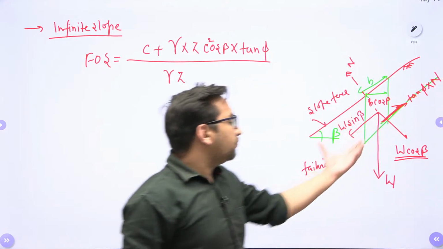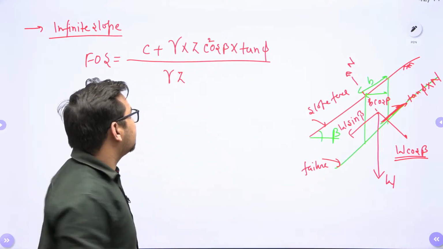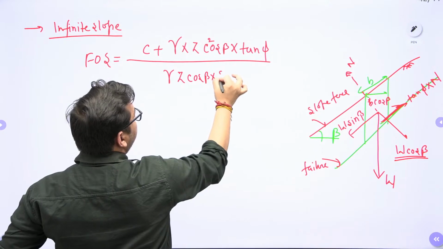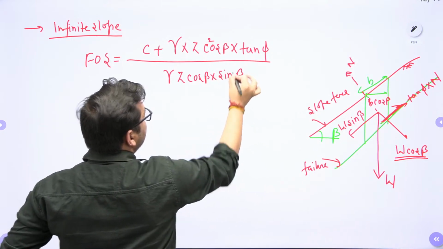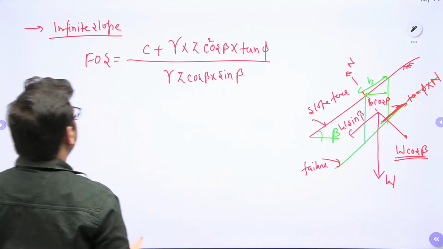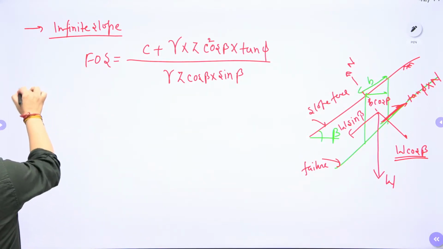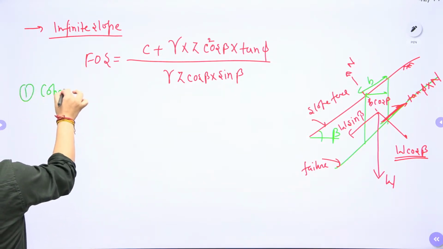These are the values of forces. We can take the values of stresses, so it will be gamma into Z into cos beta into sin beta, right? Now we take the different types of cases, first the cohesionless case, for cohesionless soil.